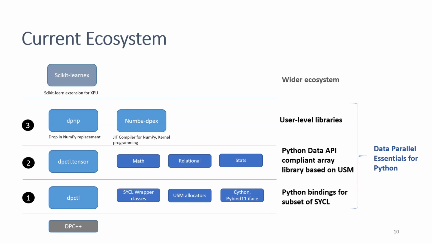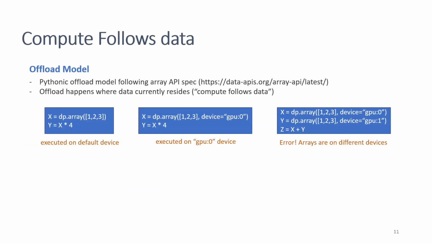This is a little bit of a flowchart with the modules in the Data Parallel Extensions for Python. So, compute follows data, right? Till now, in the current versions that we are seeing, even in the current lab access, we are not using compute follows data. This is a new model that's coming up sometime soon. And compute follows data is based on the Python array API standard.